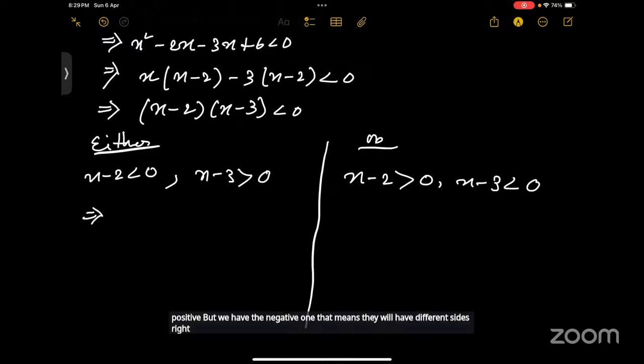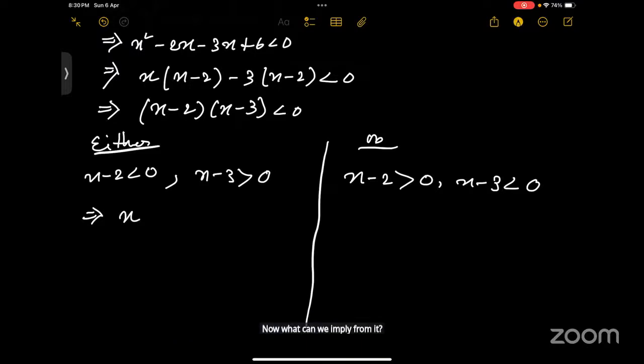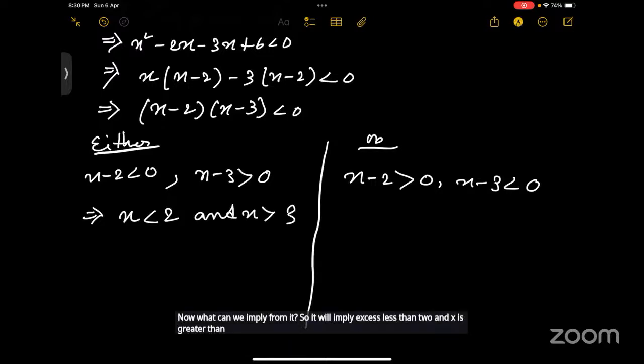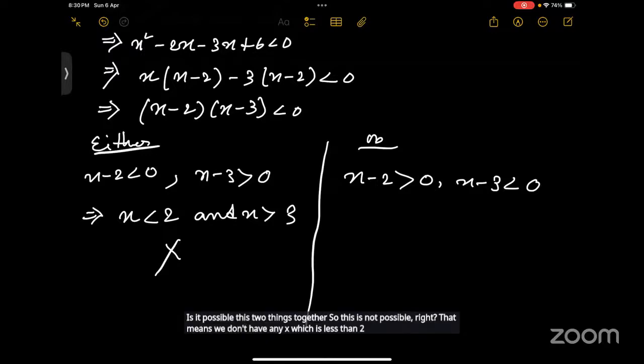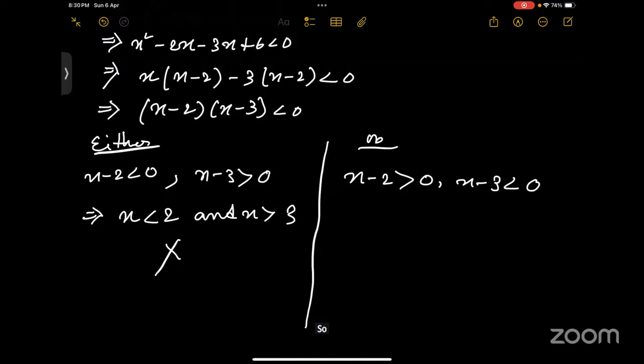Now, what can we imply from it? It will imply x is less than 2 and x is greater than 3. Is it possible, these two things together? Not possible. So this is not possible, right? That means we don't have any x which is less than 2 but greater than 3. So we will check the other one.